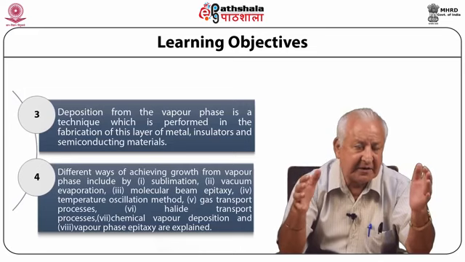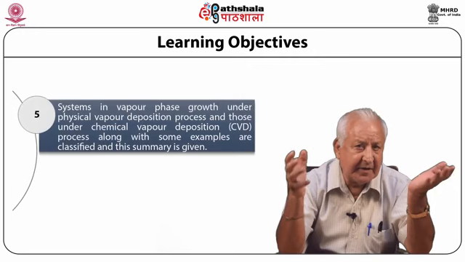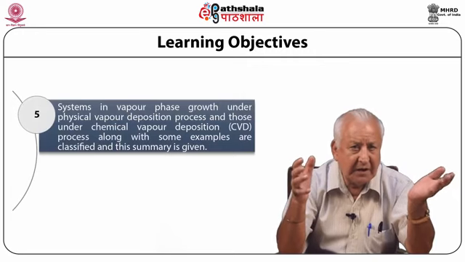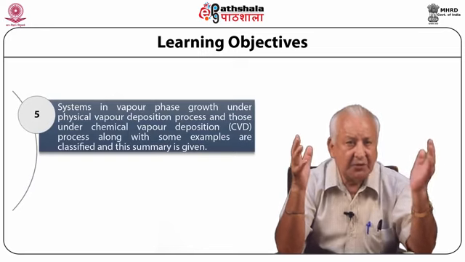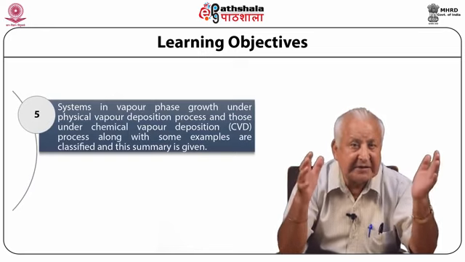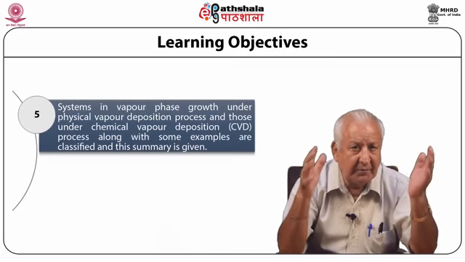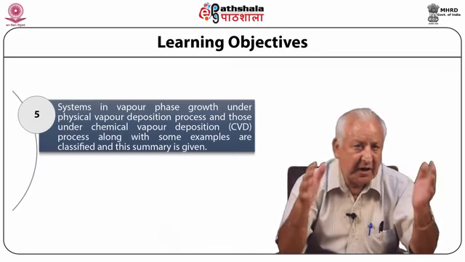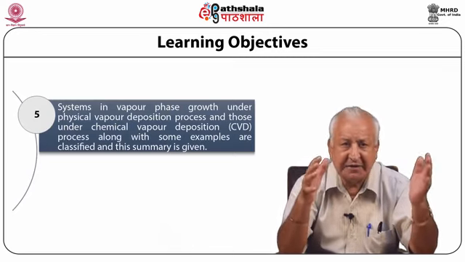Vapor phase epitaxy are explained. Systems in vapor phase growth under the physical vapor deposition process and those under the chemical vapor deposition, abbreviated as CVD process, along with some examples are classified, and this summary is given.